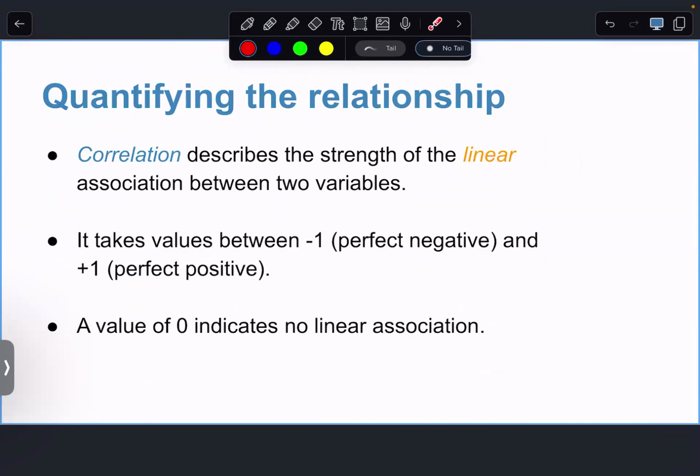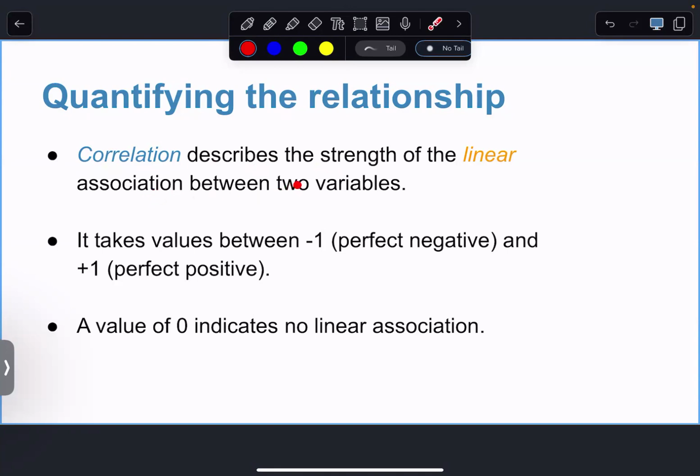One of the terms that we're going to introduce that you're probably familiar with just from life is the correlation. We use it in kind of a sloppy way in speech: oh, there's a correlation between these two things. But for us, the correlation describes the strength of a linear association between two variables.